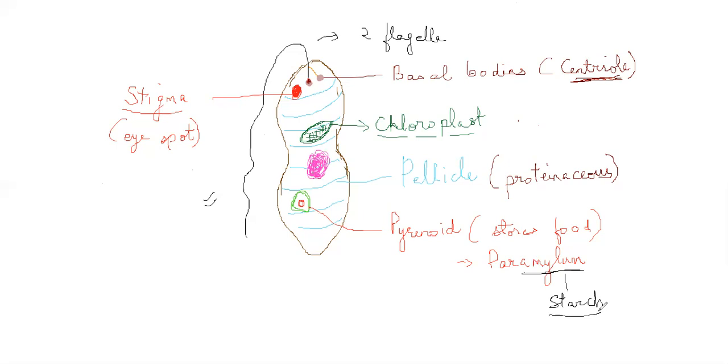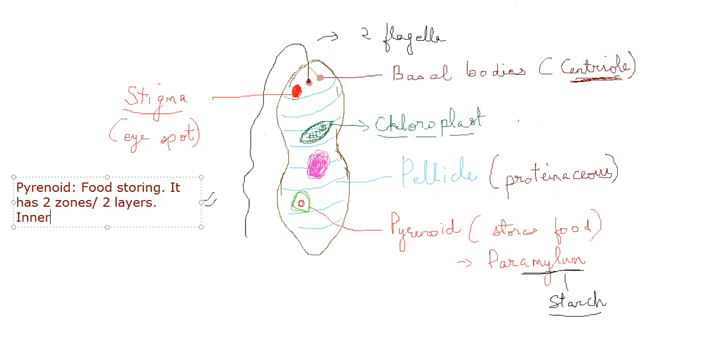Now, a brief description of pyrenoid. Pyrenoid. It's food storing. It has two zones, or two layers. There are two layers in this, okay.